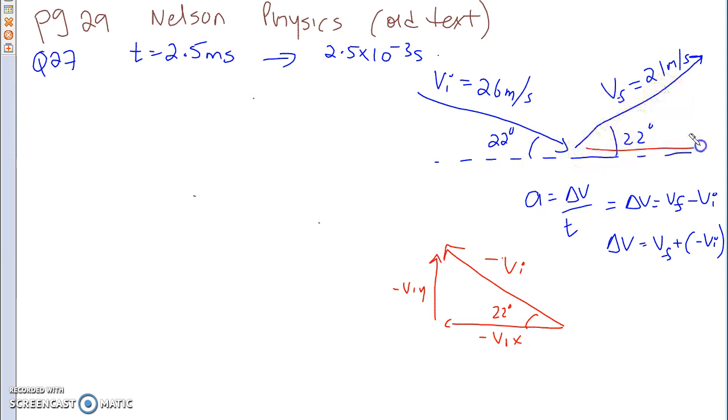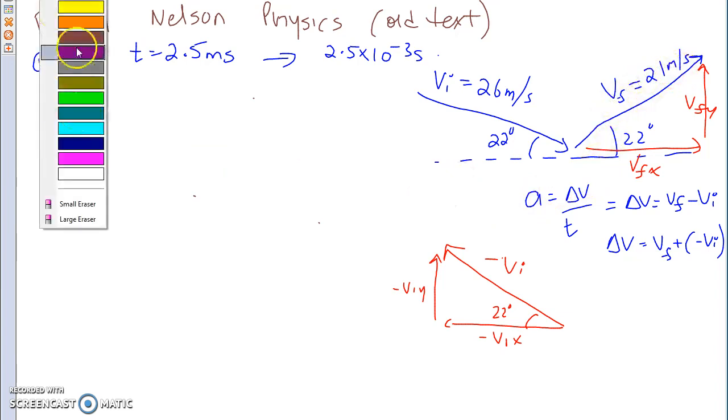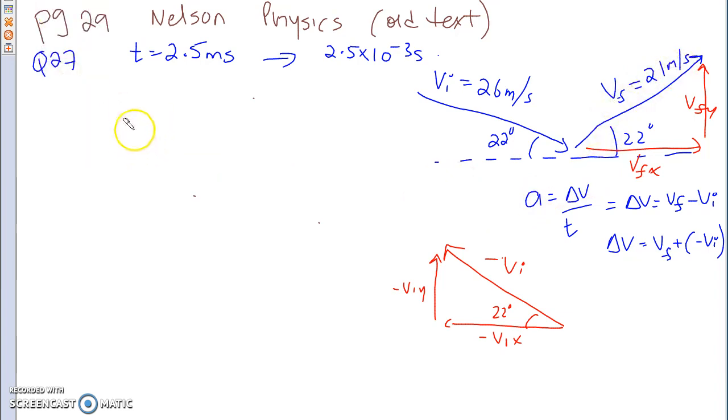This is your vfx, and this is your vfy. Now we're going to solve the question as we normally solve it. Start with your delta vx component, which is made up of the vix plus vfx.